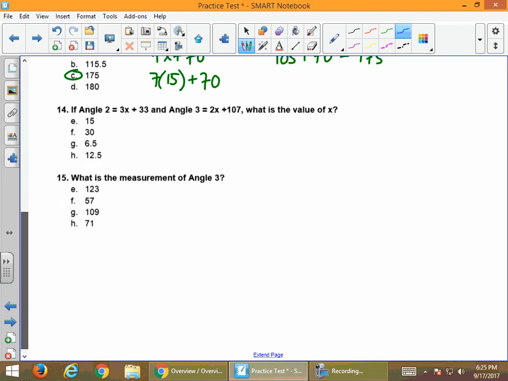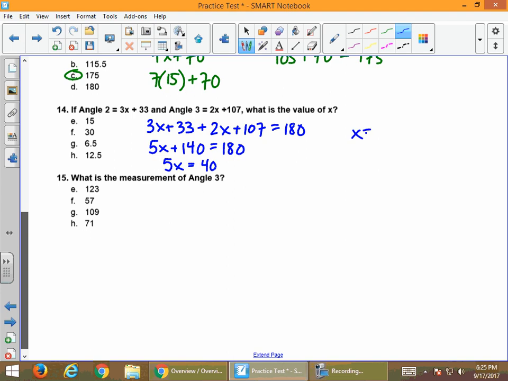All right, so let's add these up to 180. 3x plus 33 plus 2x plus 107 has to equal 180. Combine like terms, that's 5x plus 140 equals 180. Subtract 140 on both sides, so 5x equals 40, and divide by 5, and x is equal to 8.